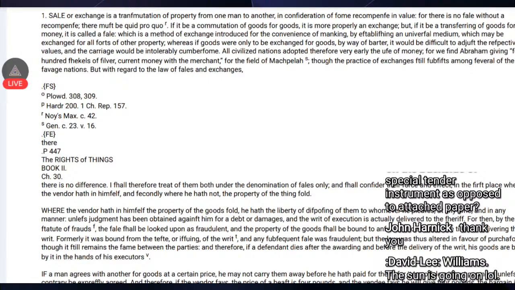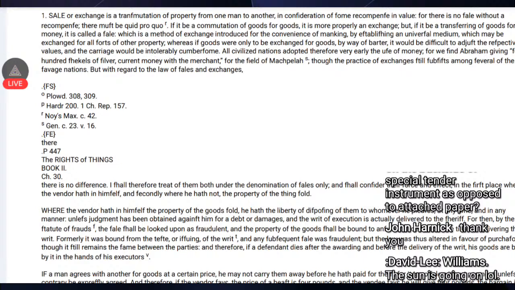Whereas, if goods were only to be exchanged for goods by way of barter, it would be difficult to adjust the respective values, and the carriage would be intolerably cumbersome. All civilized nations adopted, therefore, very early the use of money, for we find Abraham giving, quote, 400 shekels of silver, current money with the merchant, for the field of Machpelah.